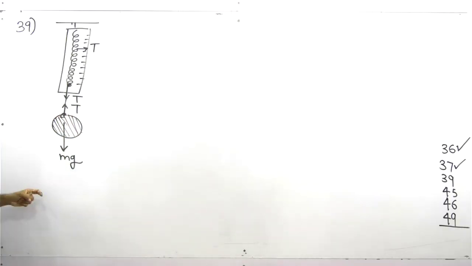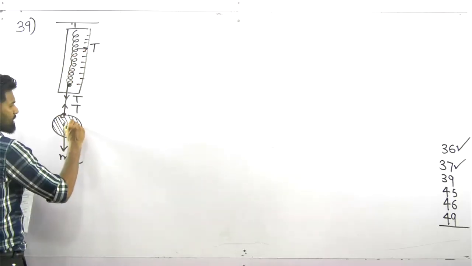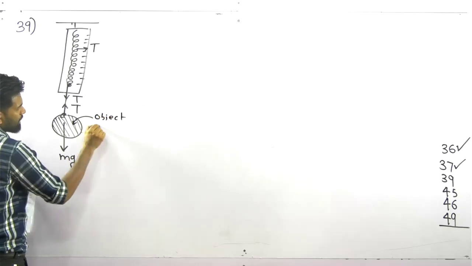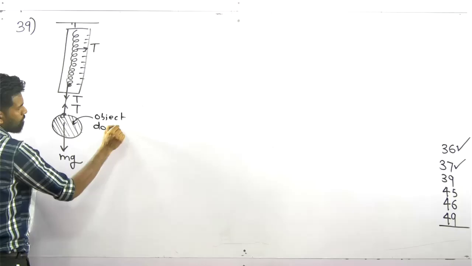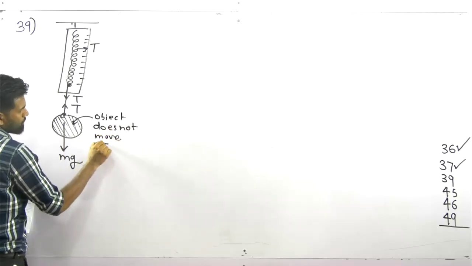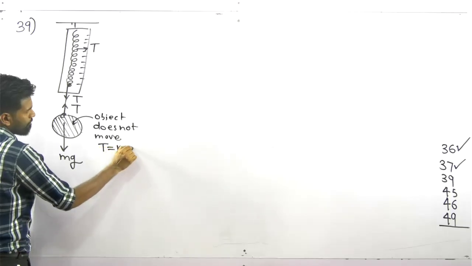Okay, so this is the thing. And in this case, as the object is in equilibrium, the object does not move, so T is equal to mg.